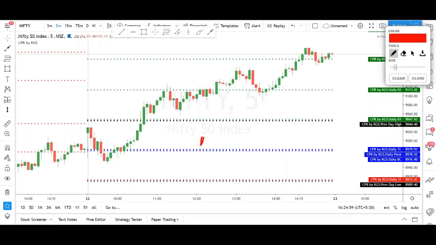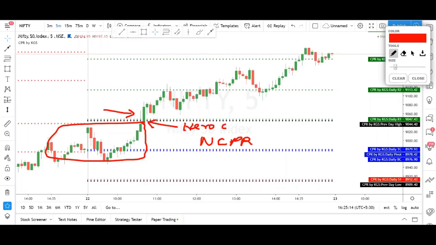See here, there is a narrow CPR. Look at this Bahubali candle. It is breaking the entire range. Hero candle. R1 and previous day high are broken. R2 target reached.